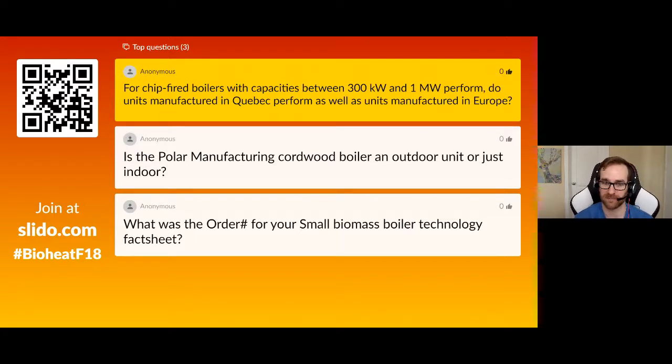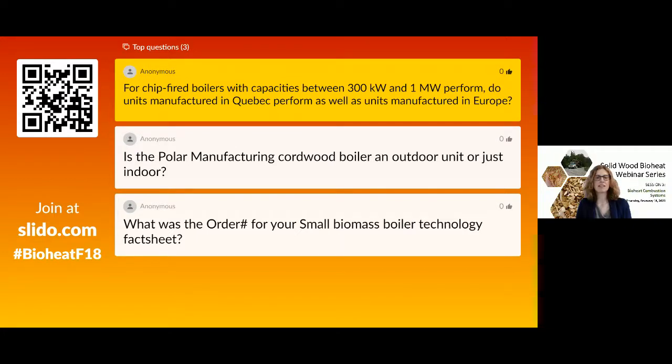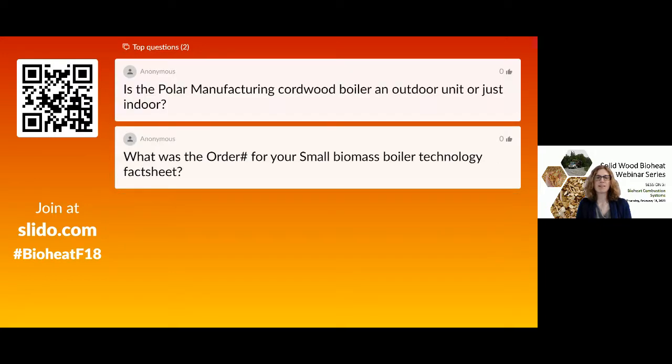All right, and based on time, we're just going to tackle these next two questions before we wrap up the session. Is the Polar Manufacturing cordwood boiler an outdoor unit or just indoor? Yeah, I recall for that certification it was dual, so it was either outdoor or indoor. It was CSA certified to be used indoor.